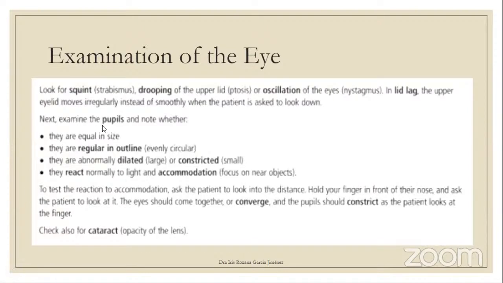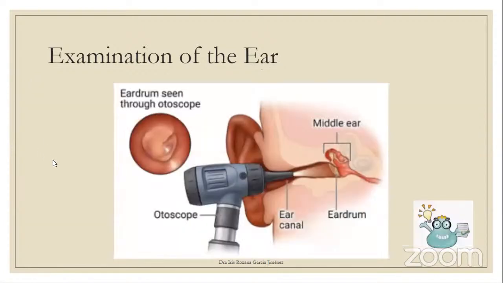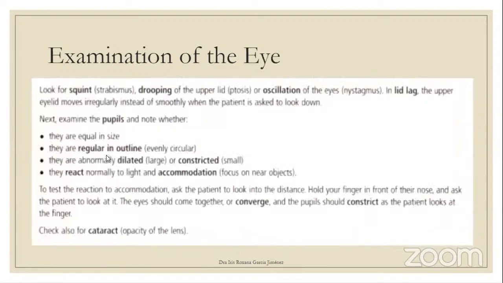Then examine the pupils and note whether they are equal in size, regular in outline, even circular, abnormally dilated, or large, or constricted. They react normally to light and accommodation.